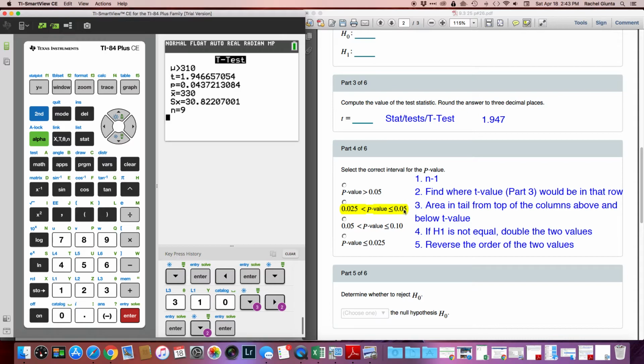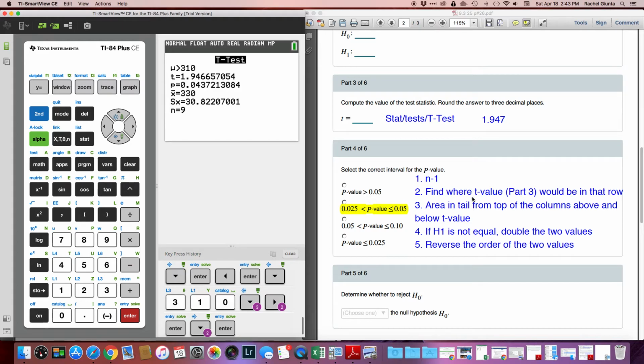So come to think of it, that's a good way to double check your answer here, is to come back and say, does the p-value I got on the calculator match this? And it does, because this means it's in between these two values, and it is in between those two values.